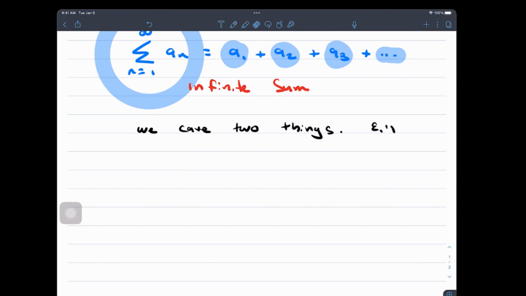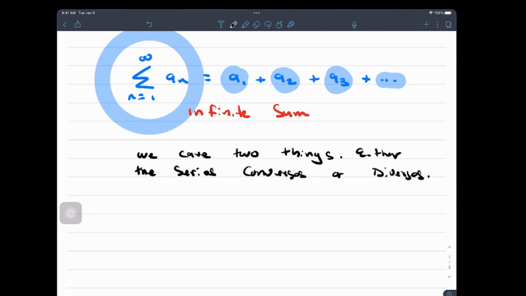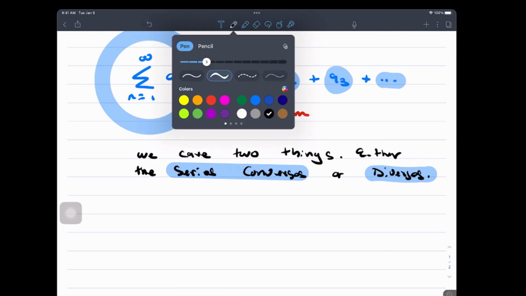Either the series converges or diverges. Either this particular series converges or diverges. Now you say, Mr. Judge, that doesn't make any sense. Okay, it will make sense when we start to give you more information.